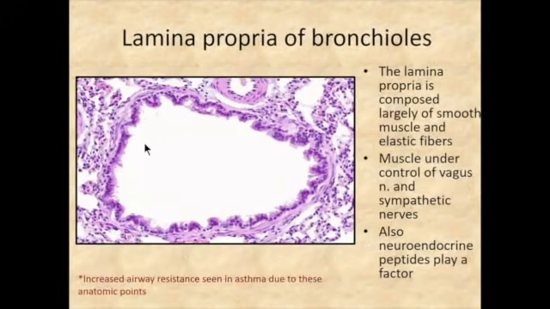Okay. All right, now the lamina propria of a bronchiole has a lot more smooth muscle in ratio to the thickness of the wall. This smooth muscle is autonomically innervated and under control of sympathetics and also the vagus nerve.